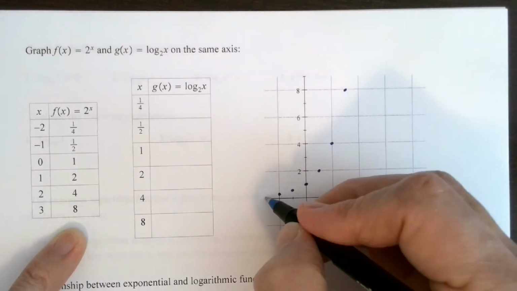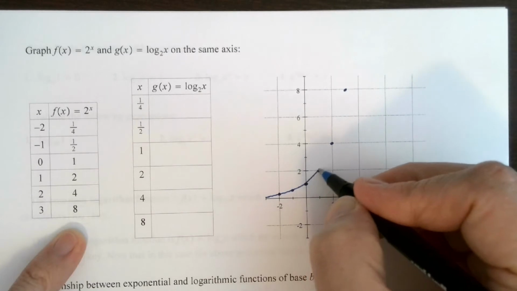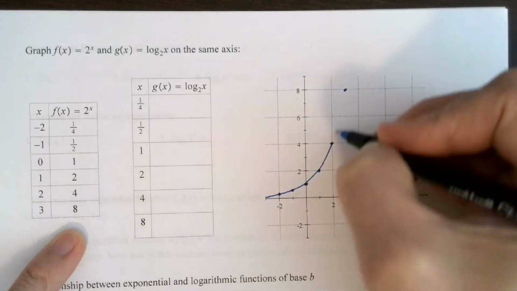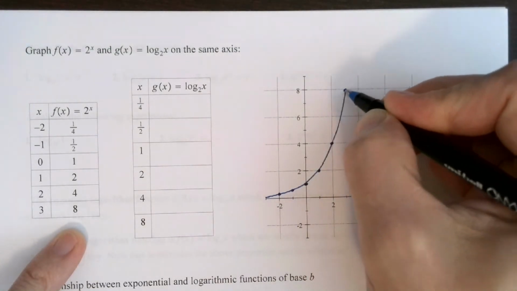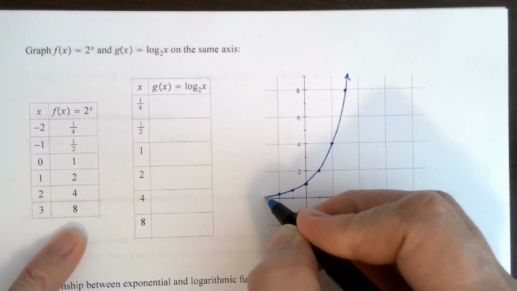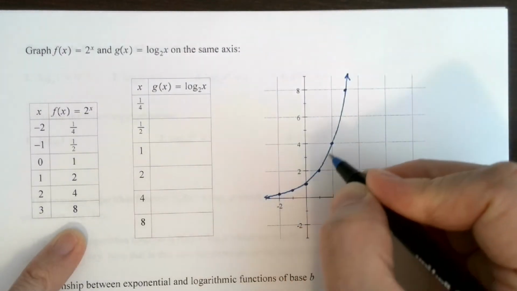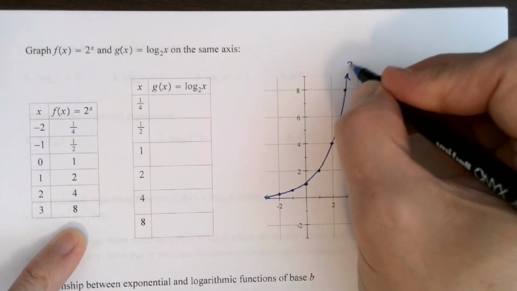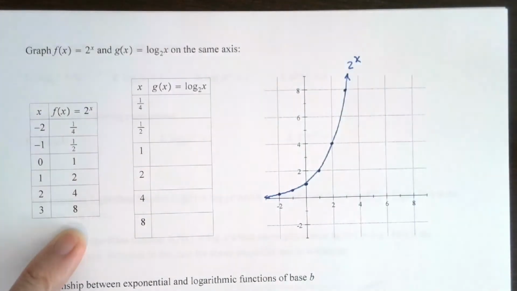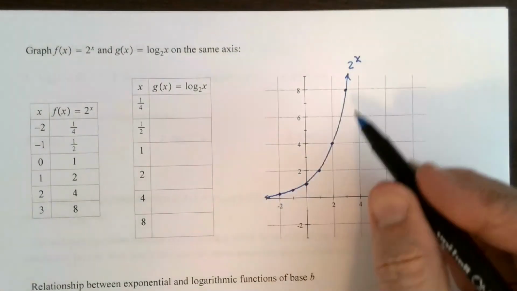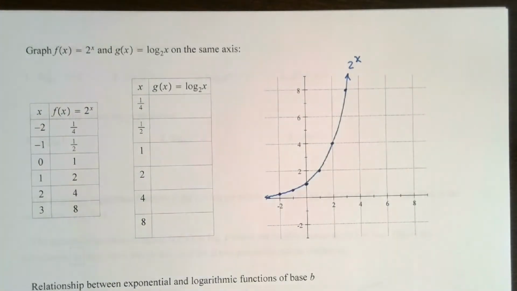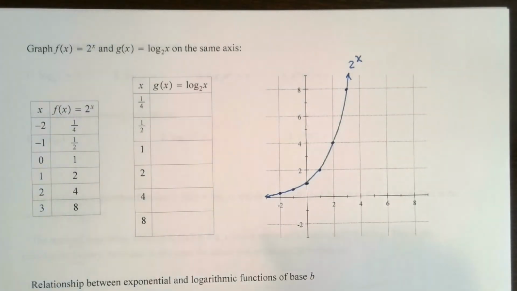So if I sketch that graph, there's our exponential function 2 to the x. It rapidly grows up. Now, how do we get the graph for log base 2 of x?